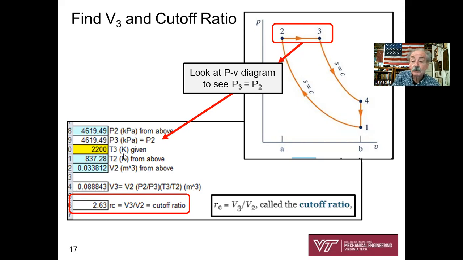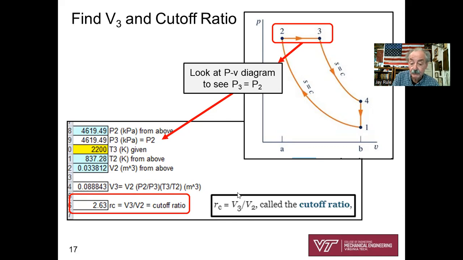P2 V2 over T2 equals P3 V3 over T3. Just as good to say PV equals MRT, and so solve for V3, because look at this, P3 equals P2. You know the mass, you know T3, you can solve for V3.